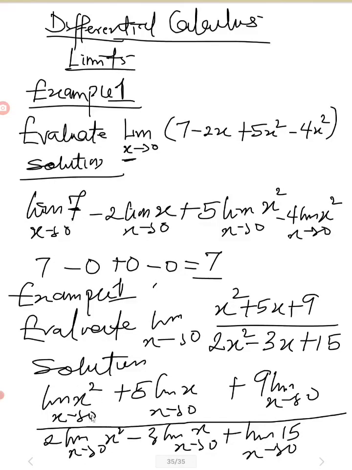You're able to see that this will be 0 because x squared is equal to 0. This will also be 0, but the only constant we escape. And also here, this is only constant, the one that has x, because as x tends to 0, not x equal to 0, so therefore the final answer will be 9 over 15.